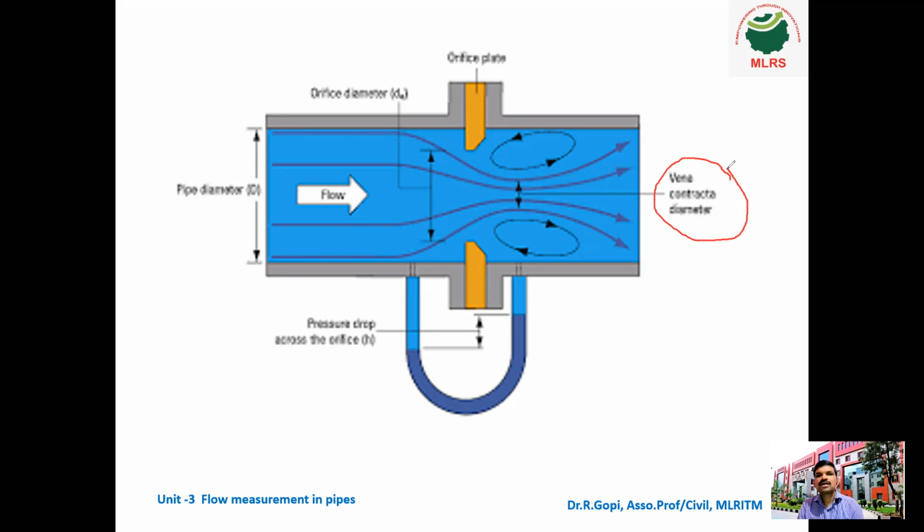A mercury manometer is attached before and after the orifice plate. You can see one limb, the left side limb, is attached to the inlet pipe, that means before the orifice plate, and the other limb is attached after the orifice plate. This is the picture of the cross section of the orifice meter.